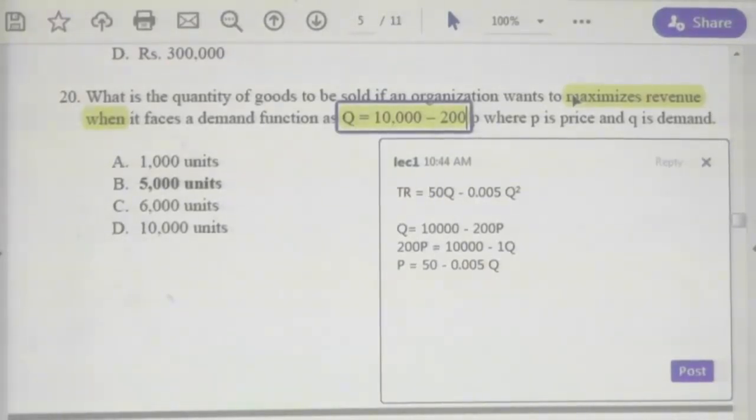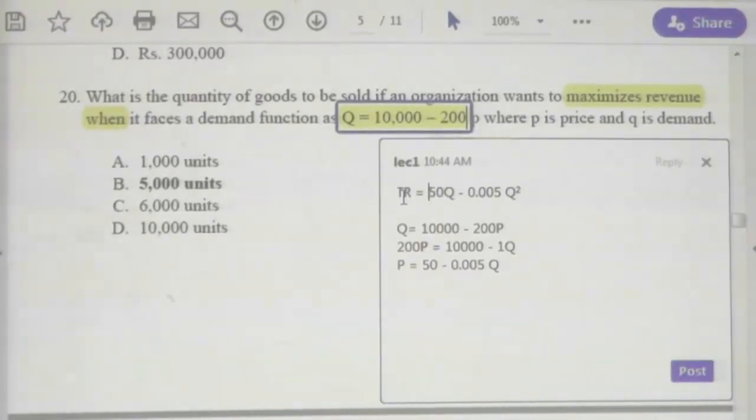Slope will be 0, which means the change in the dependent variable, here the dependent variable is TR, is 0. When the graph is turning, there is no slope. Go back to the video and see, when the line turns on a graph, the slope is 0.